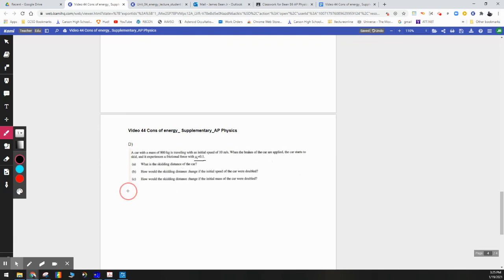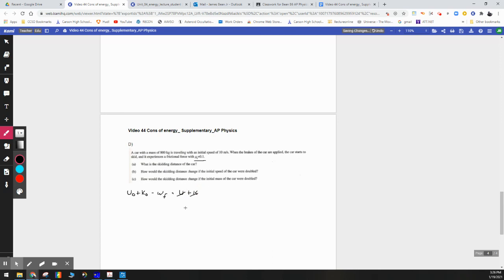We'll start with initial potential energy plus initial kinetic energy minus any work done by friction is equal to final potential energy plus final kinetic energy. The question asks for the skidding distance, which means the car comes to rest, so it will have no final potential energy and no final kinetic energy.